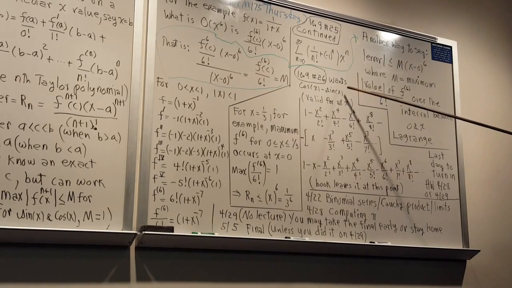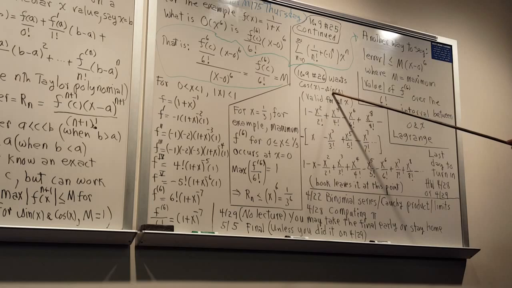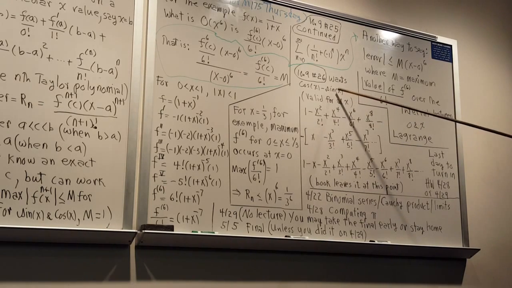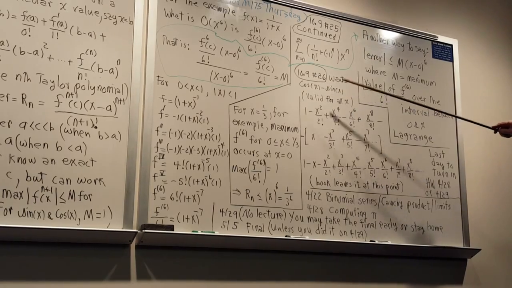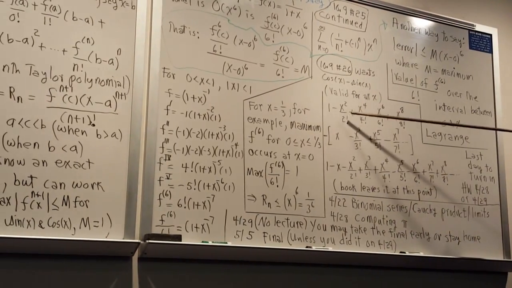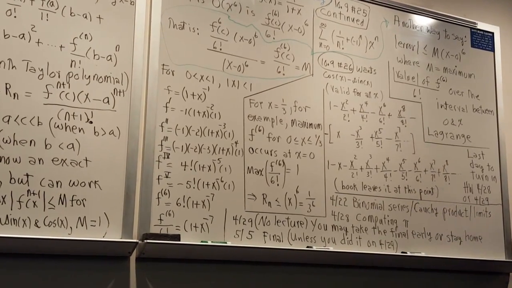Okay, and then 26 wants cosine minus sine. And each of these is valid for all x. So your difference formula is valid for all x. So this is your cosine Maclaurin series.